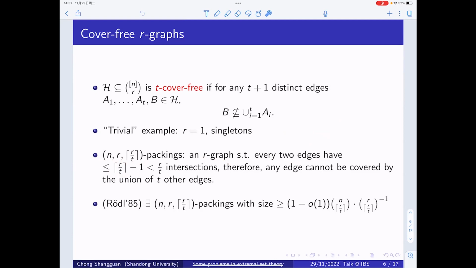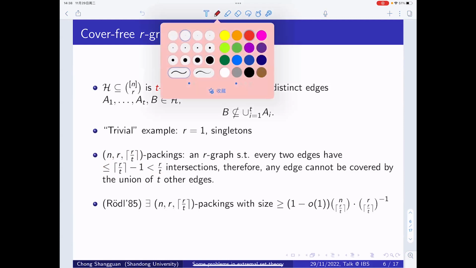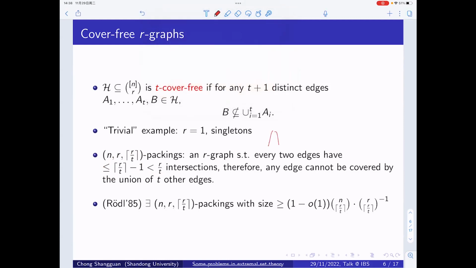So note that this value is strictly less than r over t. So in such a packing, the union of any t edges can only cover... So if we take the union of any t edges, say A1 to At, we won't use the Ai's to cover some B. But we know that for every i, the intersection of Ai and B, its size is less than r over t.